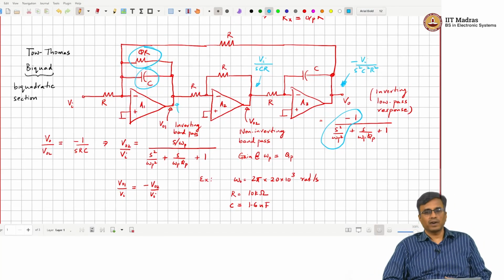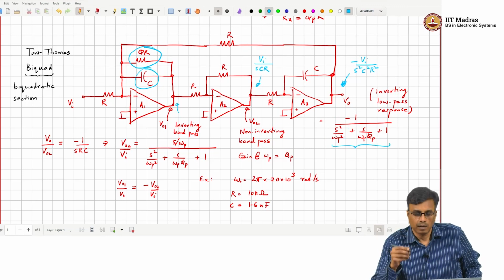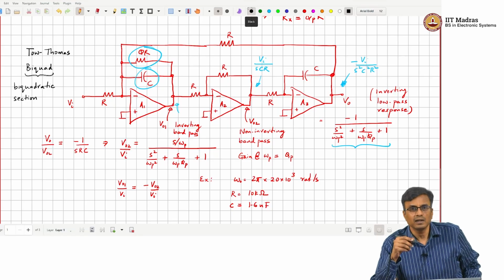If Q becomes infinite, what happens to the denominator polynomial? So, where are the poles then? Where are the poles of the denominator?